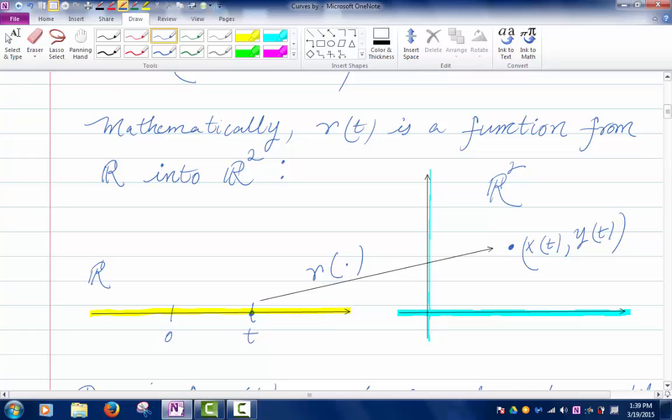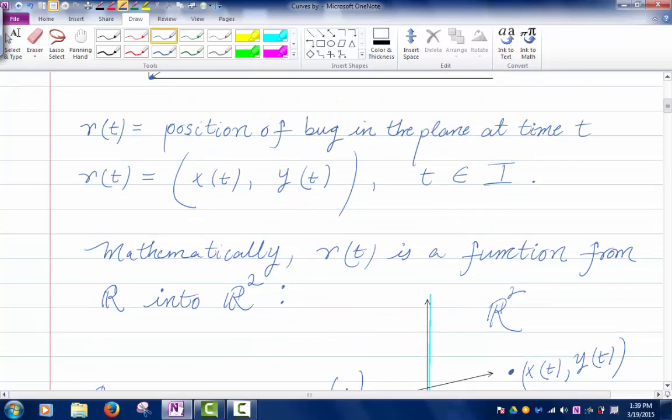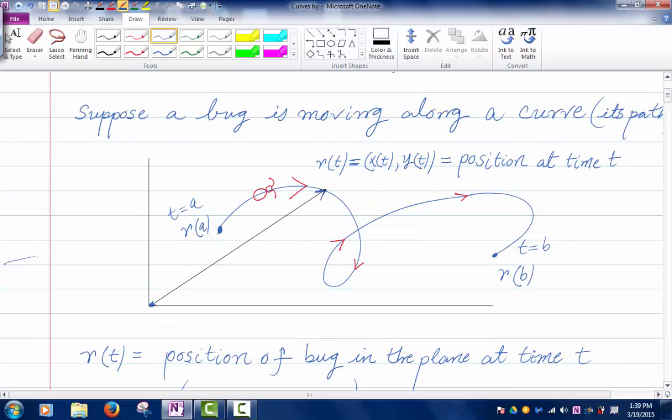In fact, I can think of the output as a vector. At time t, R of t is this point here. Then I can think of this R of t as a vector where the tail is at the origin and the tip of the vector is at the point on the curve.